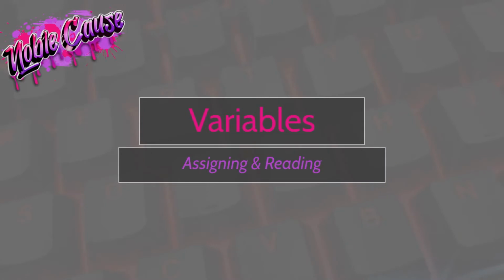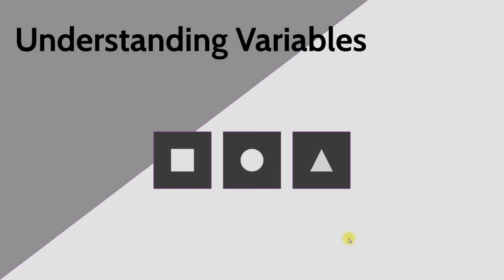To explain variables, I'm going to start by using something a little more abstract. I think it's easier to explain that way. So imagine that the memory in your computer is a bunch of boxes. I've represented 3 different boxes on the screen here. So these gray boxes are your actual variables.